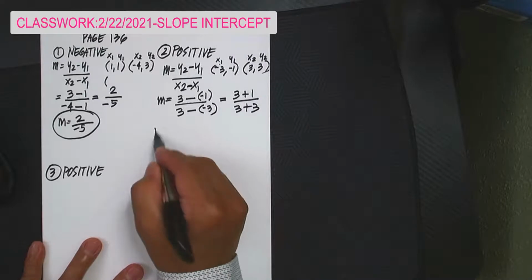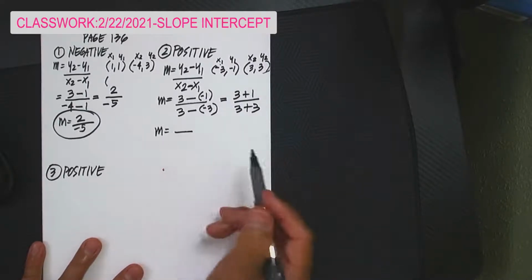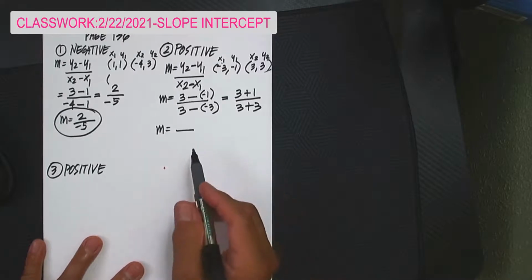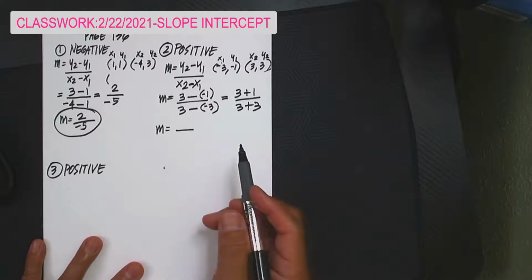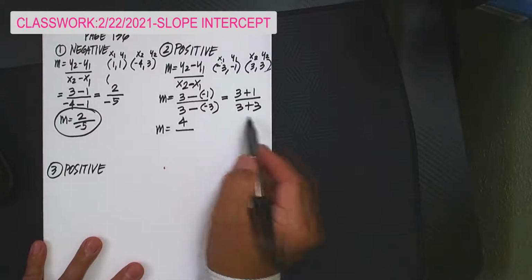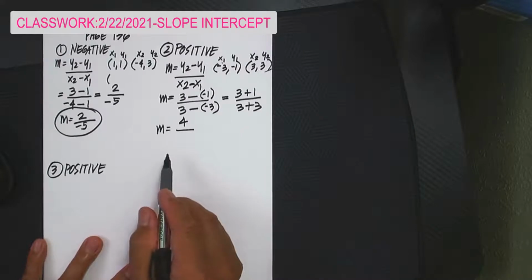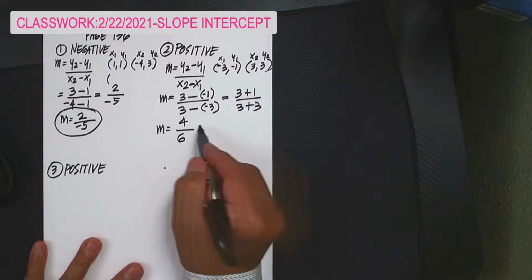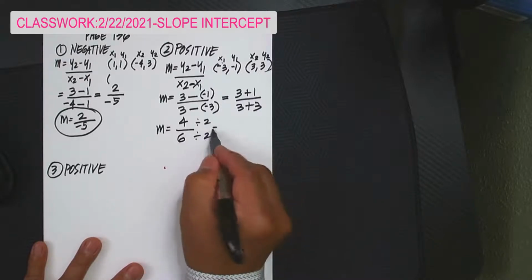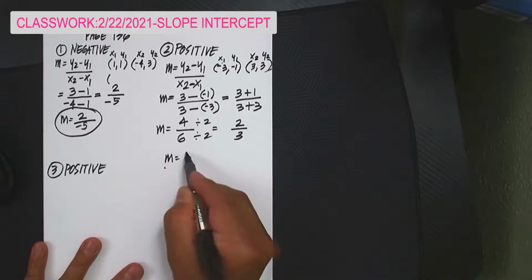So therefore, what will be the value of your slope? 3 plus 1? 4. 3 plus 3? 6. Can we simplify this 4 over 6? Yes, by dividing both by 2, so that you can get 2/3. So therefore, your slope is equal to 2/3.